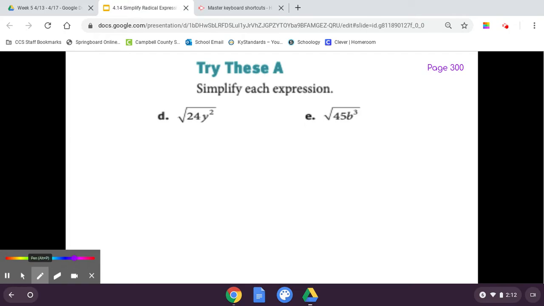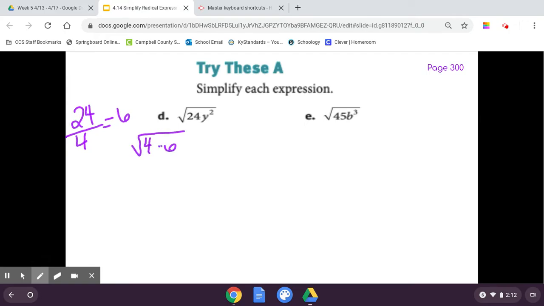All right, so just like yesterday, I need to figure out what perfect square 24 can be divided by. It can be divided by 4, and I get 6 out. So I can rewrite this expression as 4 times 6, that gives me the 24, times the square root of y squared.